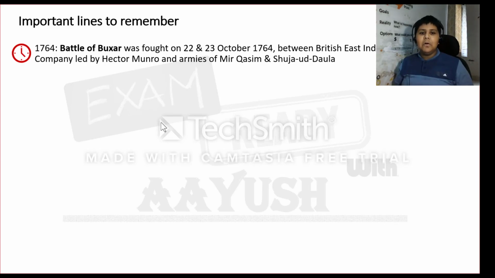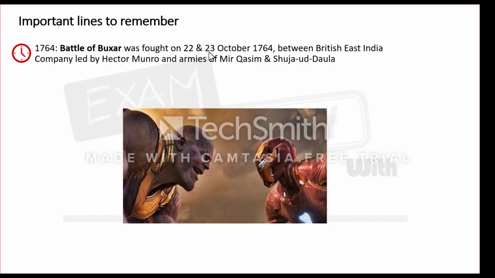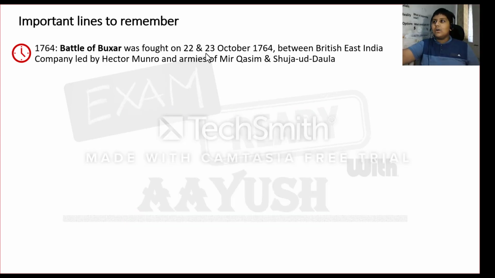In 1764, the Battle of Buxar was fought between the British East India Company on one side and Mir Qasim along with Shuja-ud-Daula on the other side. It was fought on 22nd and 23rd October 1764, with the British East India Company led by Hector Munro against the armies of Mir Qasim and Shuja-ud-Daula.